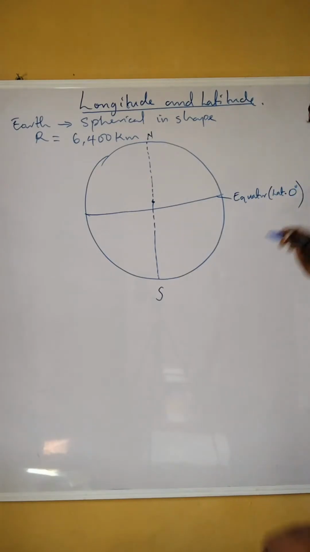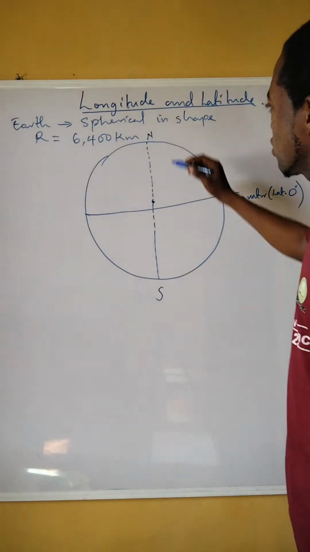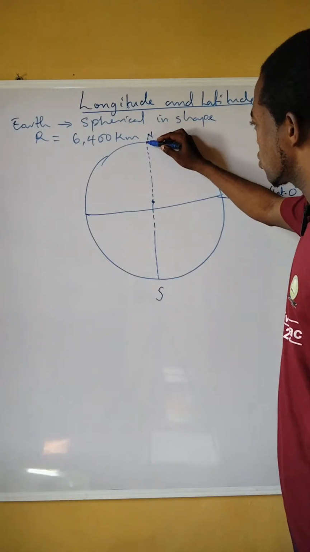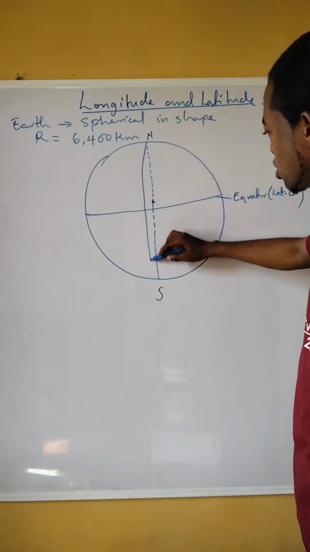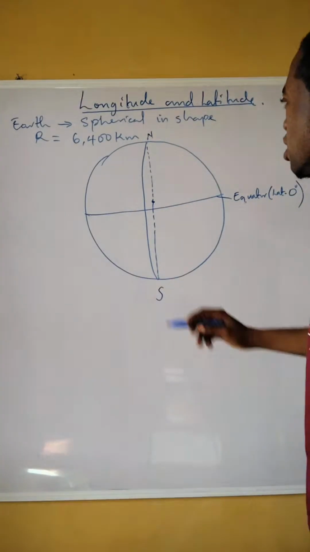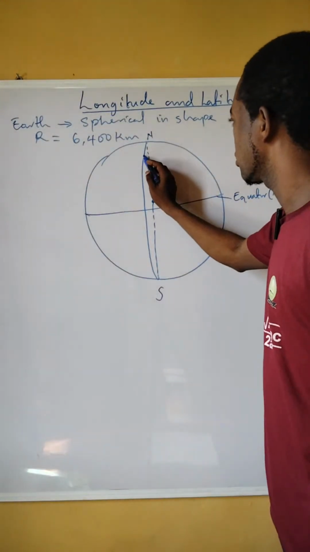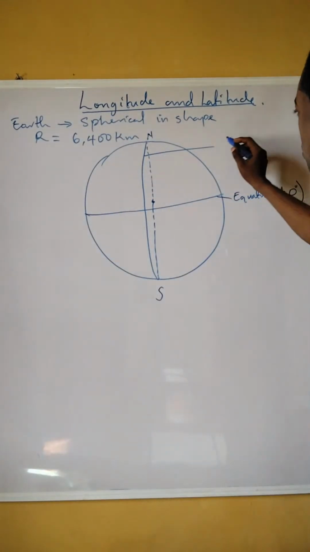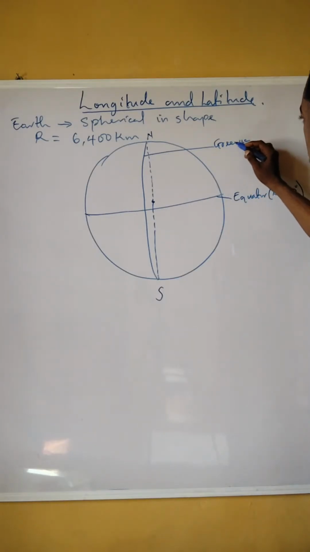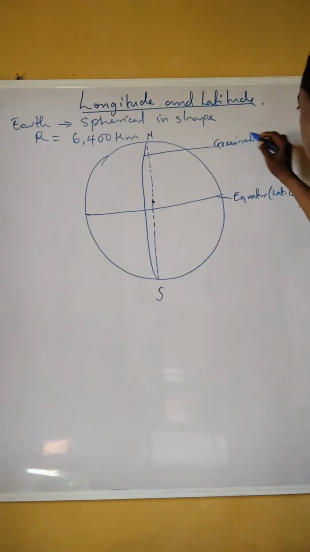So we have the equator, latitude 0 degree, and we also have a vertical line close to the center, which is called the Greenwich meridian.